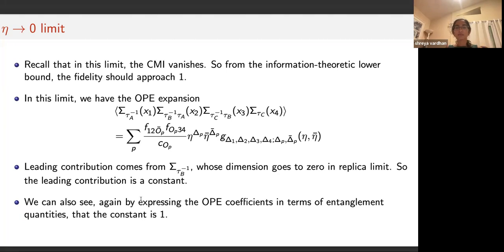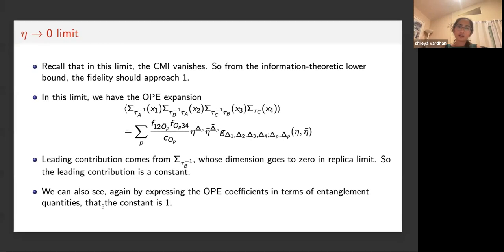In fact, again, by playing this trick of identifying the OPE coefficient as a 3-point function of twist operators and writing that in terms of the density matrix, one can see that in the replica limit, that function of the density matrix just becomes the trace of some normalized density matrix. So we can see that the constant that this quantity approaches is just equal to 1. Okay, so far things are good, and we're able to correctly see the limiting behavior.